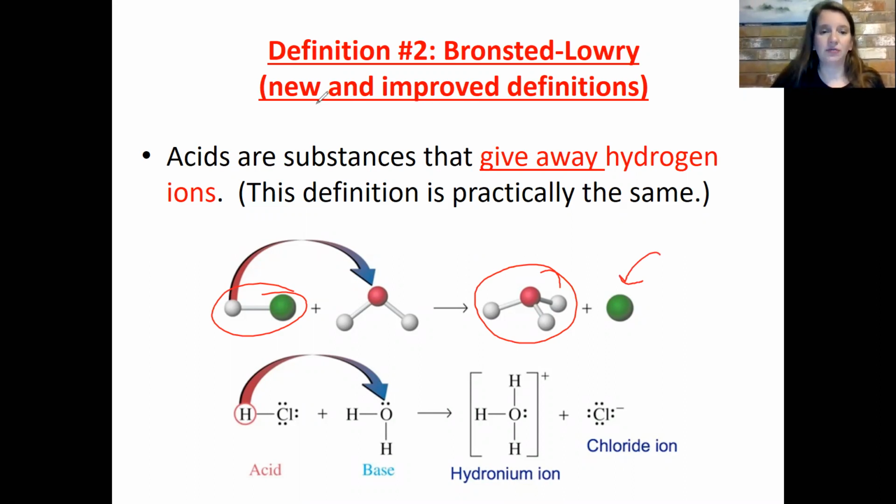So when you look at the actual formula written in symbols, you have HCl. Well, this H has now gone over to the water, so that's why you're making H3O+, hydronium, which is basically the same thing as a hydrogen ion, like I said, and a chloride ion over here, okay? So that definition hasn't really changed.